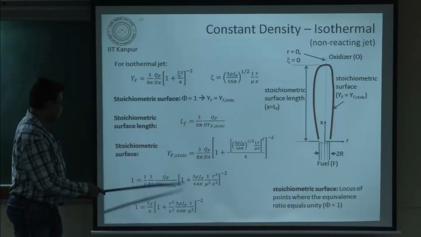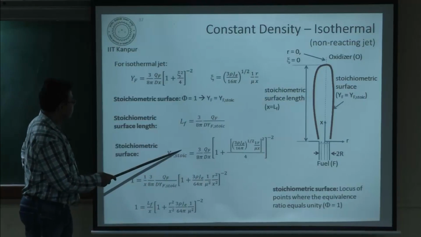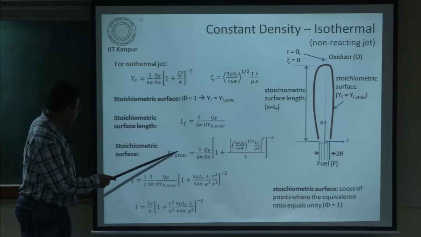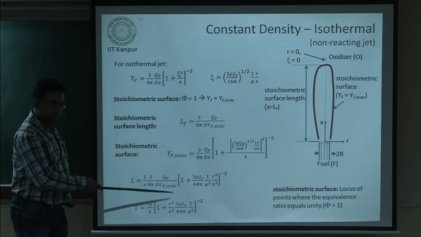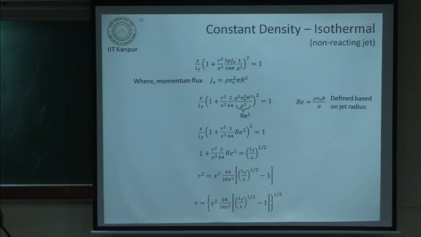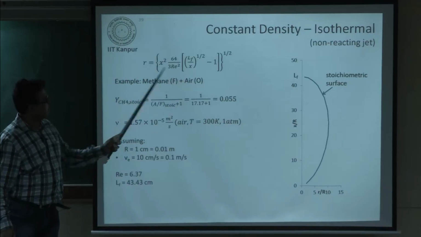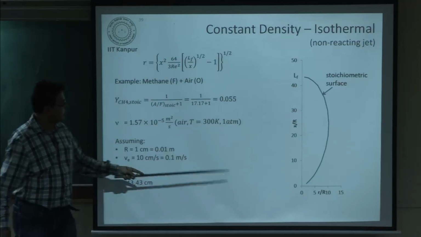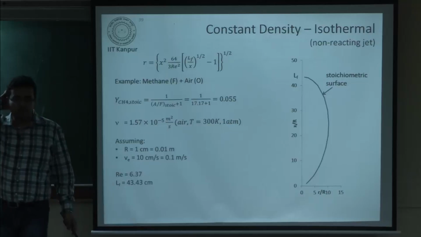Then take this yf stoichiometric down here, so this is basically 1, and then with some manipulation, at the end you will get an expression like this. So, this is the expression for this surface.